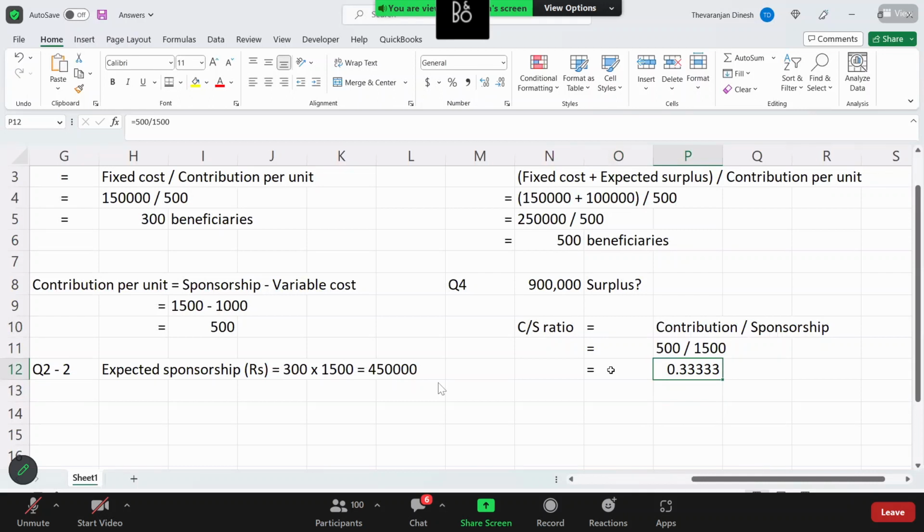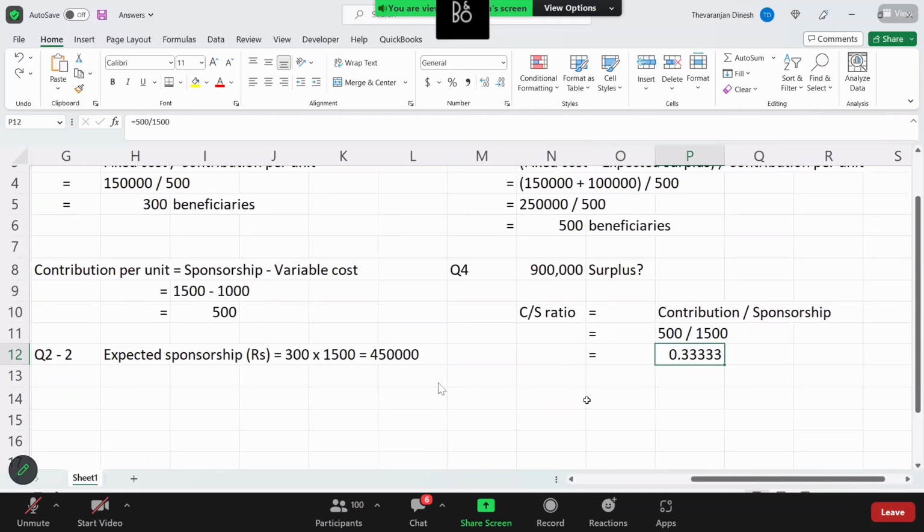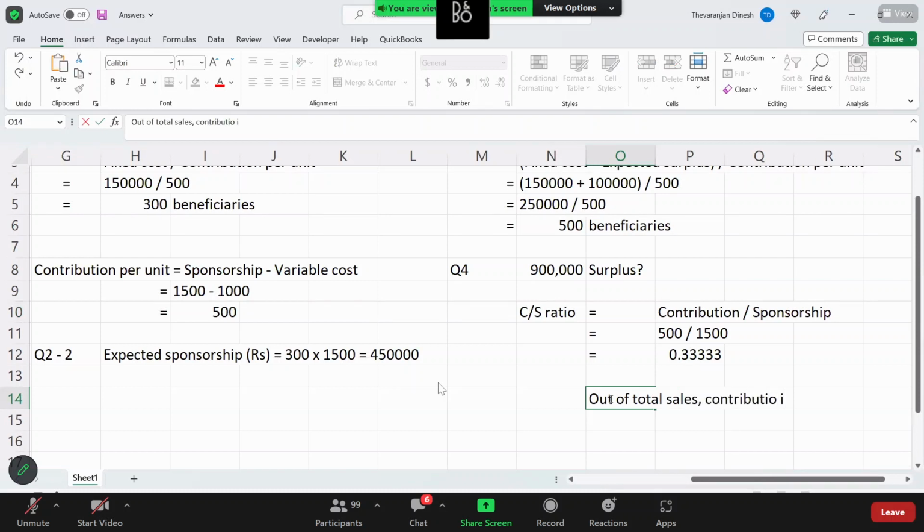That is the CS ratio, or you can say 33%. So what is the meaning of this? Out of total sales, contribution is 33%. That is the interpretation.